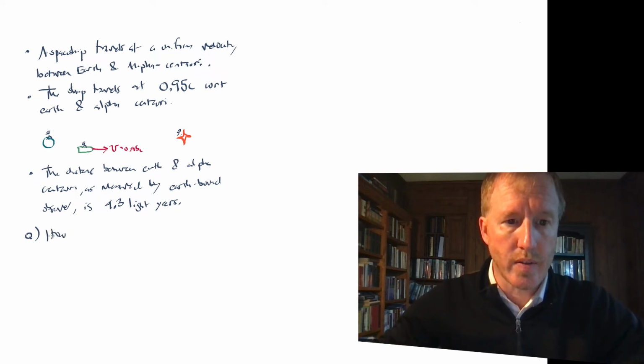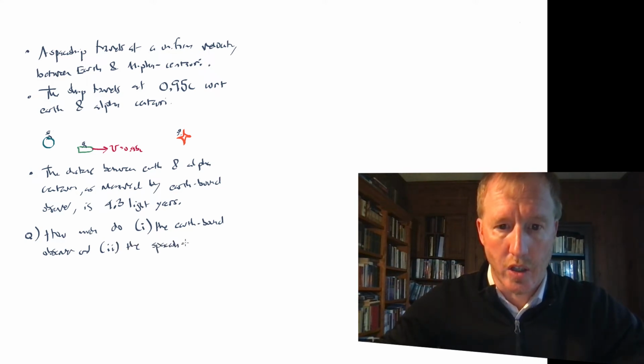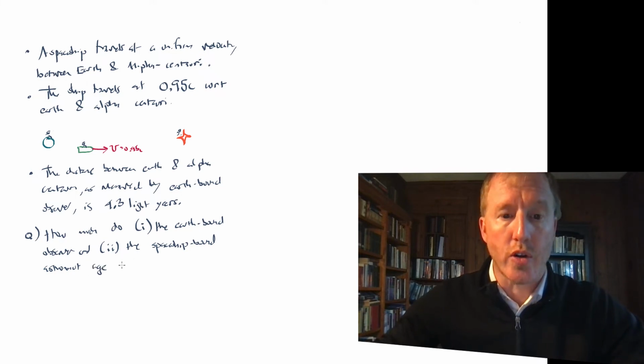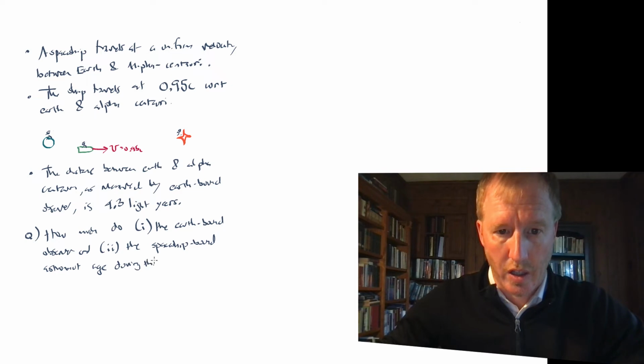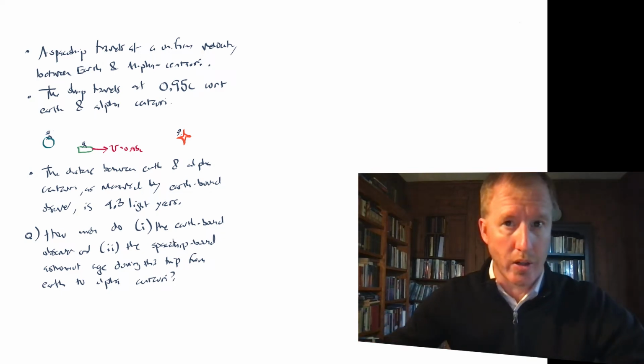So how much do, first of all, the Earth-bound observer, and two, the spaceship-bound astronaut, the guy riding on the ship, age during this trip from Earth to Alpha-Centauri? That is the question. And do they age by the same amount? The answer is going to be no. I'll just give you a heads up.